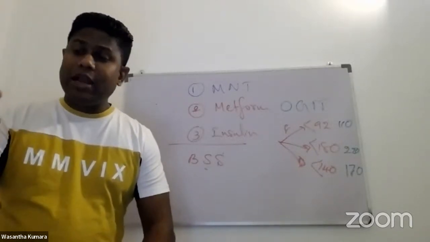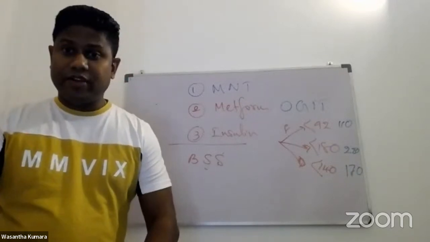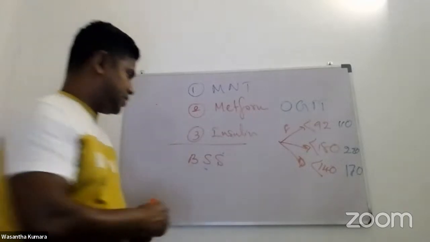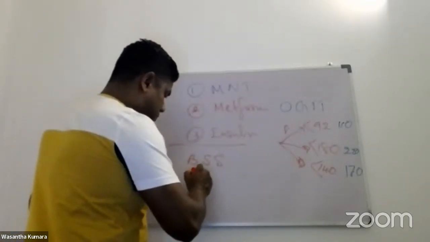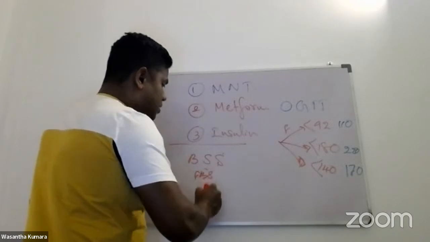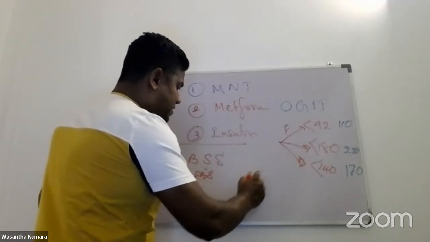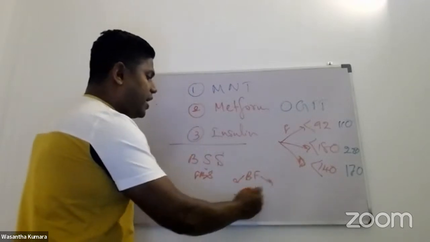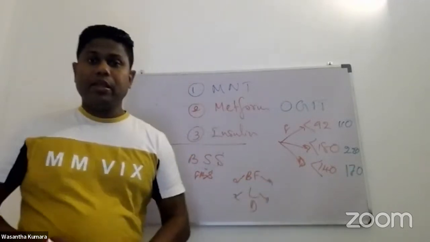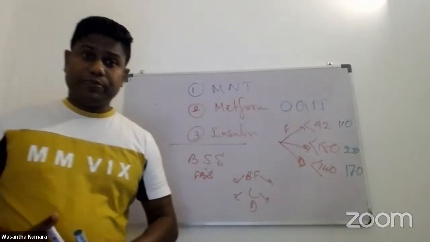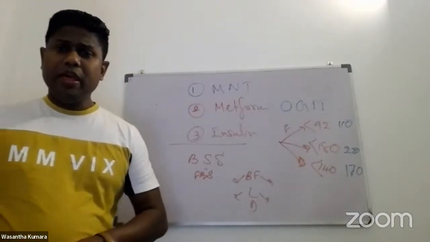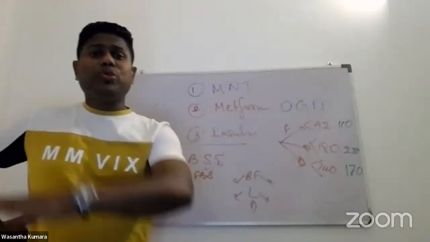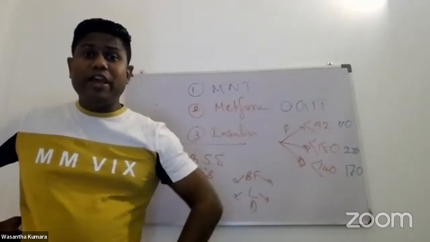You can do the fasting blood sugar, before and after breakfast, before and after lunch, before and after dinner. So you can get 7 values. When you do a BSS, you can get an idea about how the blood sugar of this patient is throughout the day.